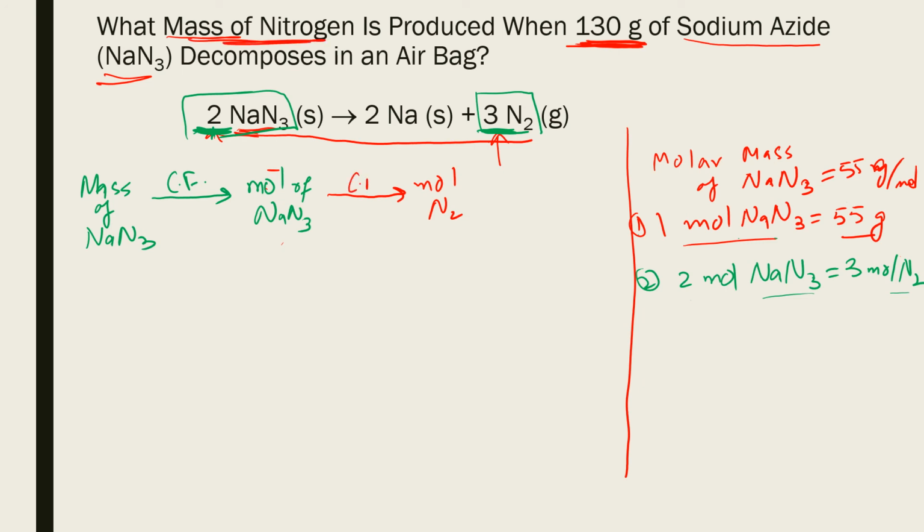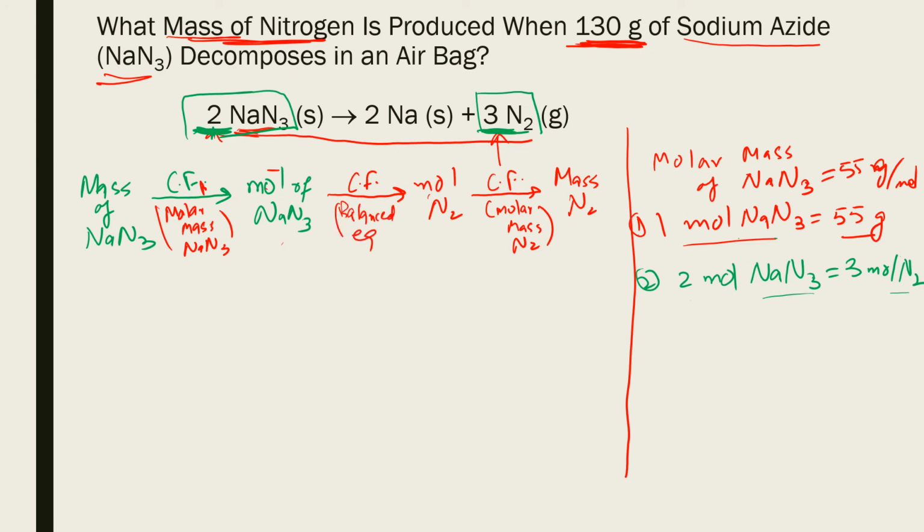Again, we need a conversion factor here, and finally we convert moles of nitrogen to mass of nitrogen. Here we again need a conversion factor, and that comes from the molar mass of nitrogen. Conversion factor 1 will come from the molar mass of sodium azide, and the middle one, mole to mole, comes from the balanced equation or stoichiometry calculation, right?